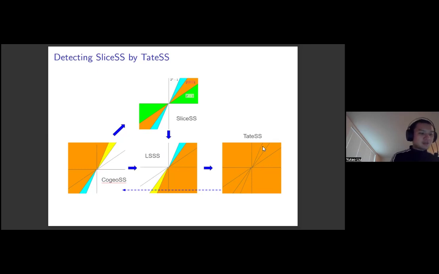Similarly, if you start from the Tate, you travel along this dashed arrow and then back to the slice, they will be isomorphic on the negative cone in the same region between the two lines.